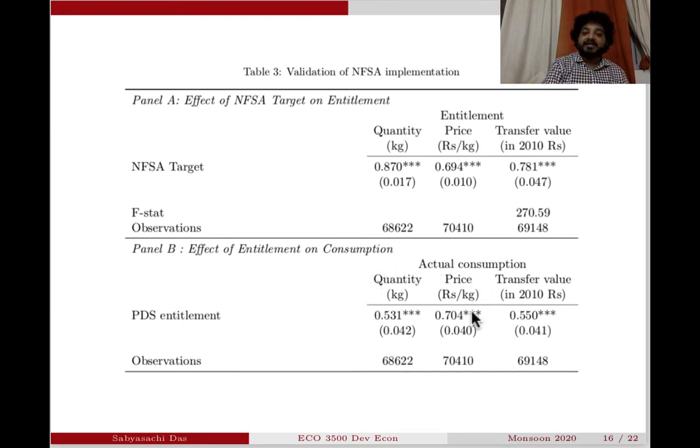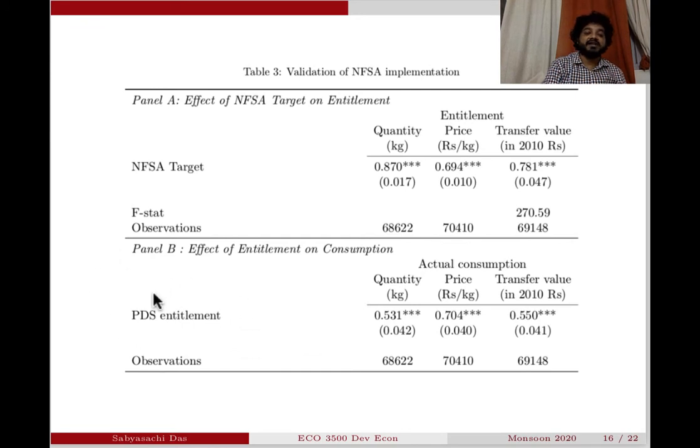So you want to see at an individual level, is it the case that if you have greater entitlement from the PDS in terms of grain amount or the price or the transfer that you get, does that correlate with the actual consumed transfer or consumed amount or the price of the consumed food grain? And that's positive.